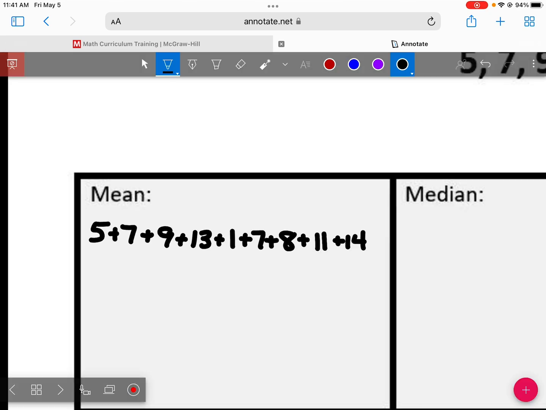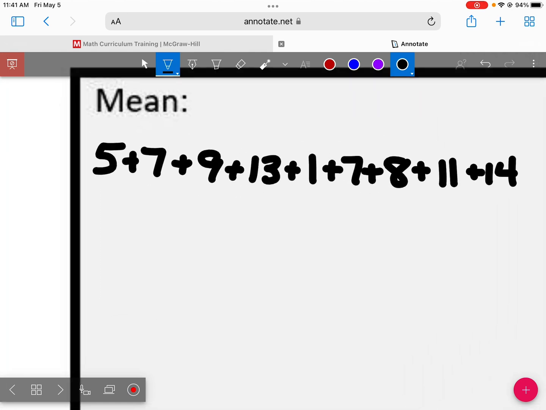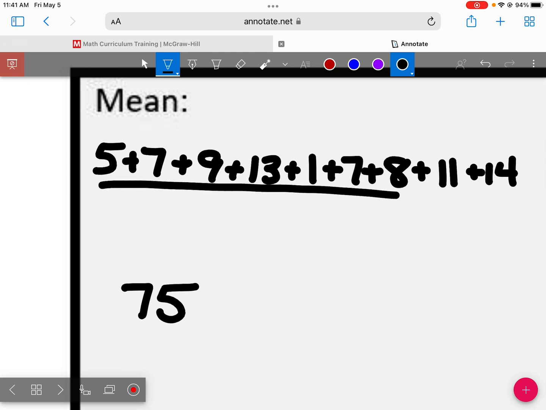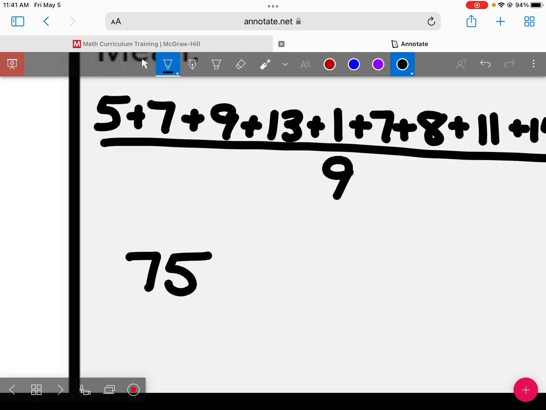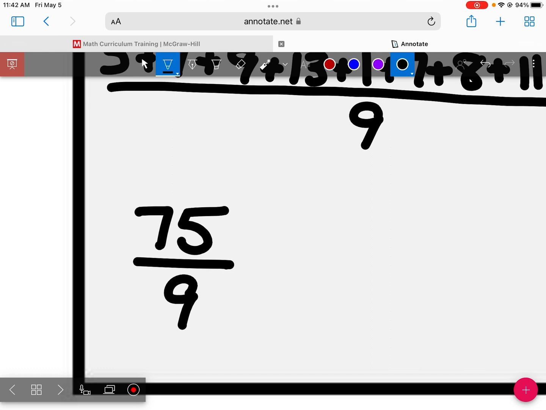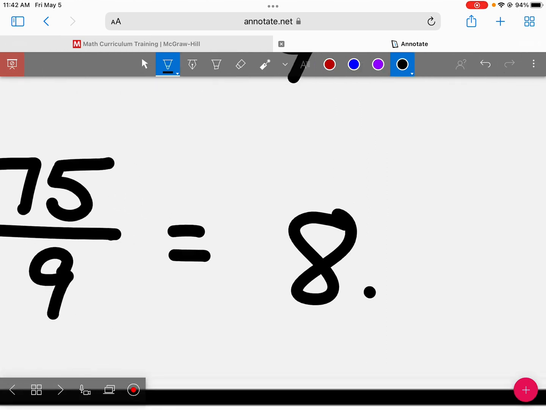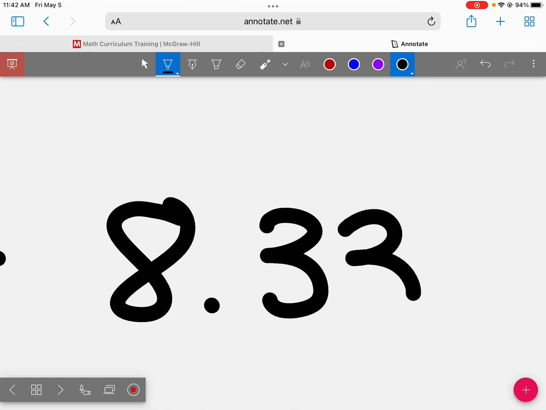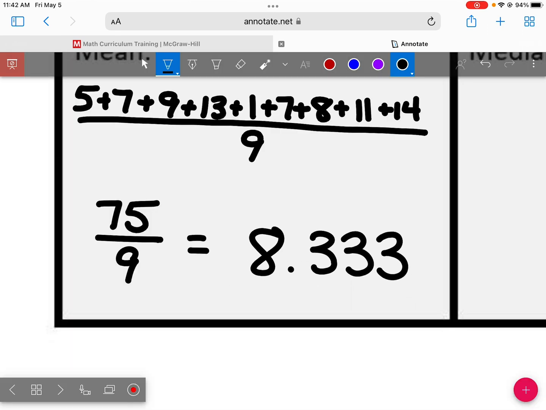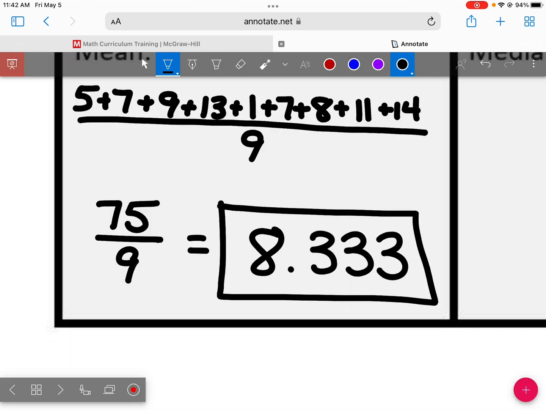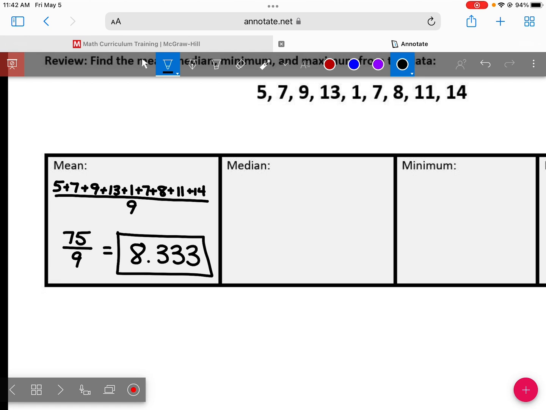What did you guys get when you added all those up? 75. 75 divided by 9. Why by 9? Yes, there were 9 values. There were 9 numbers there. And you should have gotten 8.3 repeating, so 8.333. It repeats about 9 times.